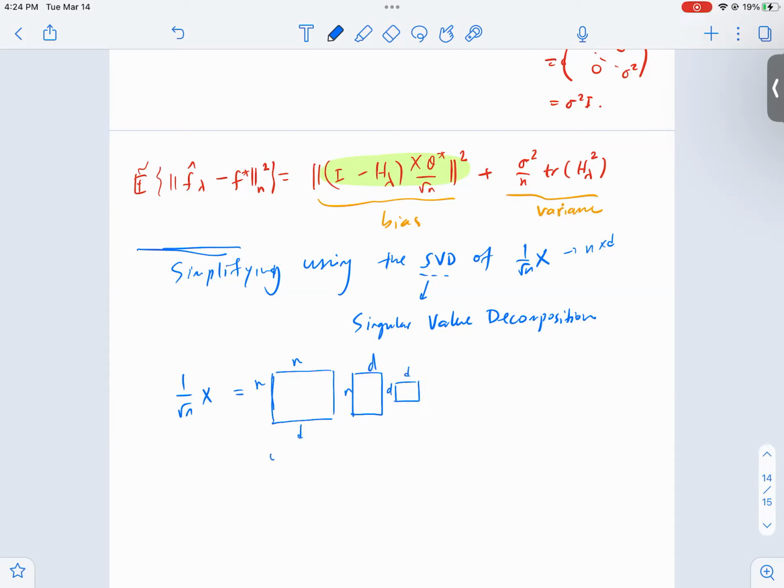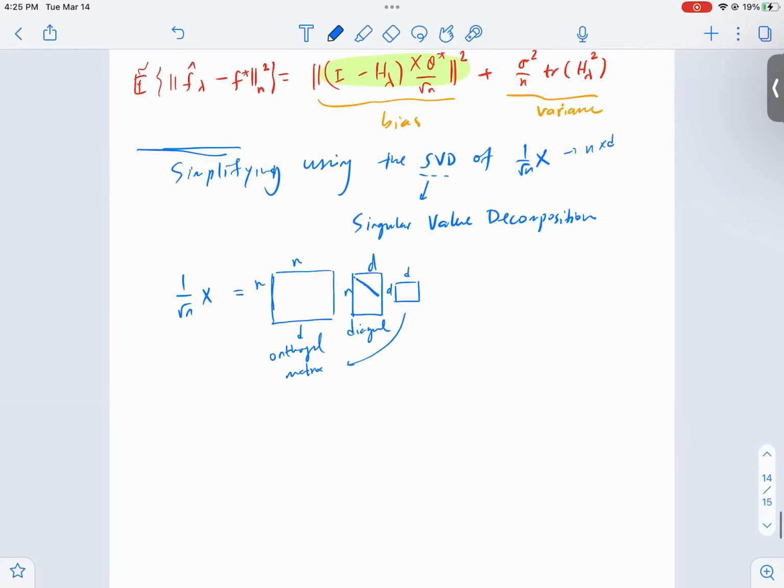These are orthogonal matrices. This is an orthogonal matrix, this is another orthogonal matrix, and this is diagonal. But it's rectangular, so it's a little difficult to define diagonal. There are non-zero elements here, and then the rest is zero.